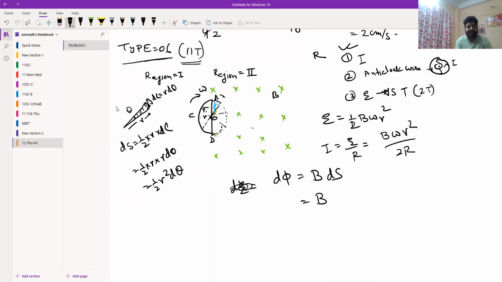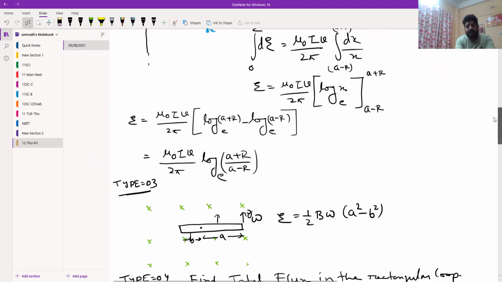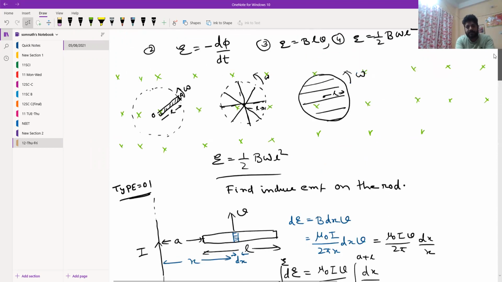Magnetic field, my dS area is half r square d theta. So my induced EMF is d phi by dt, that is half B r square d theta by dt, which is half B r square omega. Look, I had already told you the trick, this much will come. Take all this. And see where I told you this, I told you right at the start, see, I said this, right?